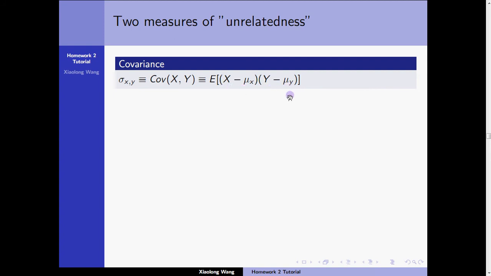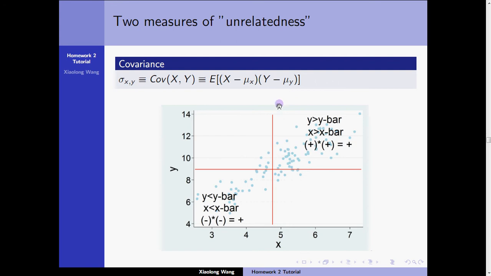mu y. We have mu x and mu y as the mean of x and y respectively. So what does this mean? Suppose we have a sample of x, y, and we plot them on the graph. Most of the points are located on the upper right quadrant, and we will see that x minus x bar, or x minus mu x, is positive here for all points on the upper right quadrant, and y minus mu y will be positive as well.